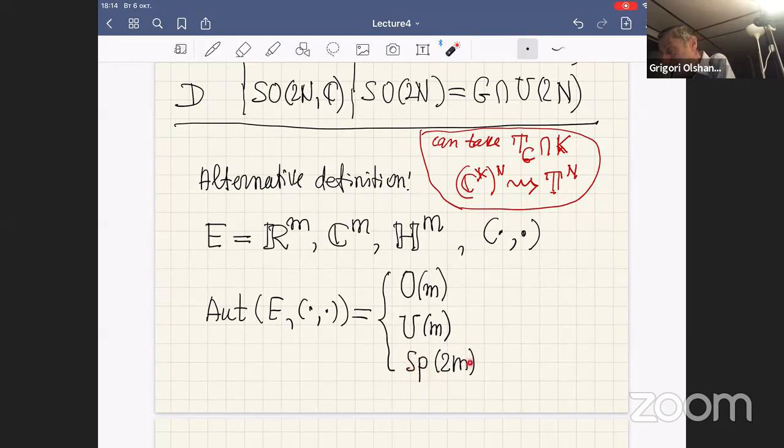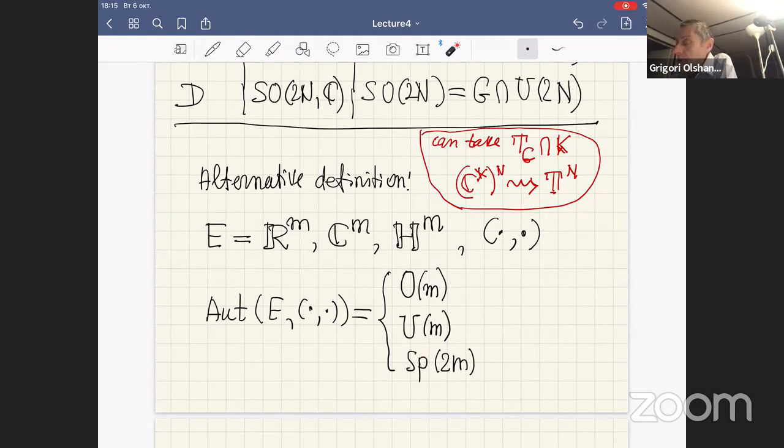So the compact symplectic group appears in exactly the same way as the orthogonal or unitary group, only it corresponds to the base skew field of quaternions. If we don't have any other fields, this explains why we have only these possibilities.